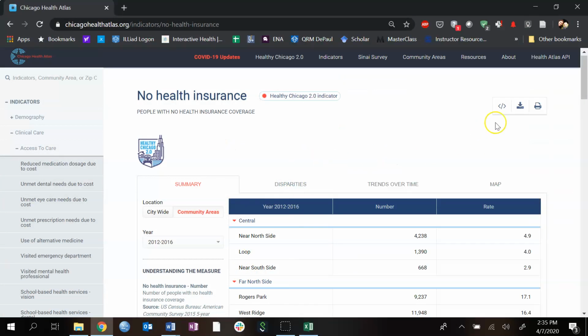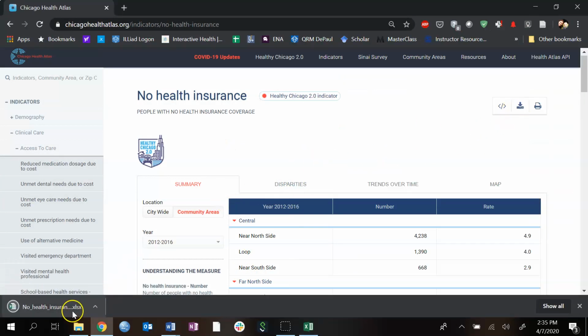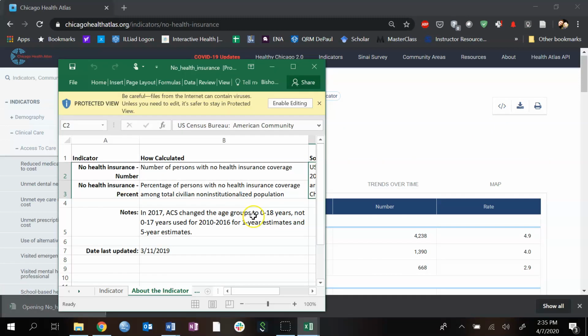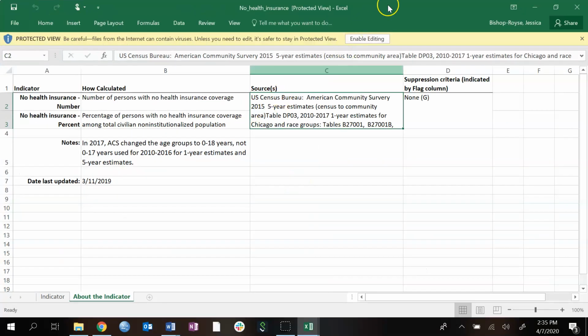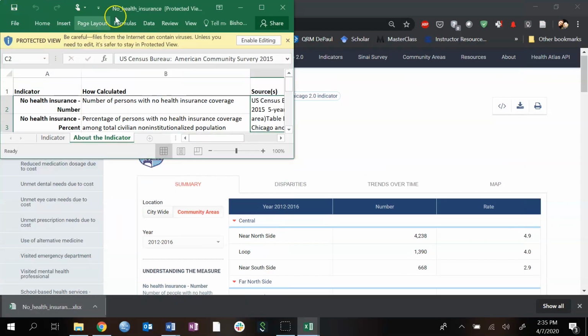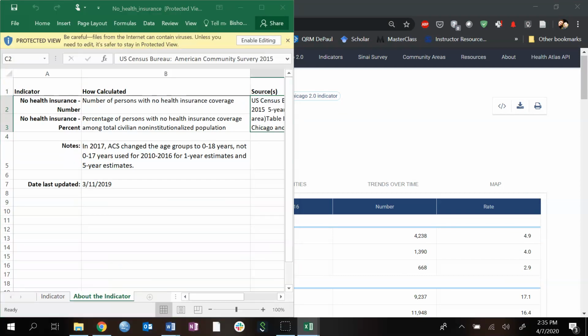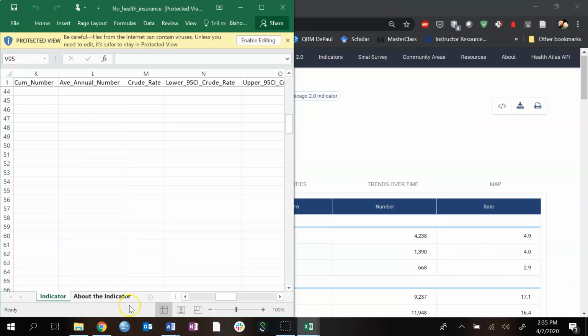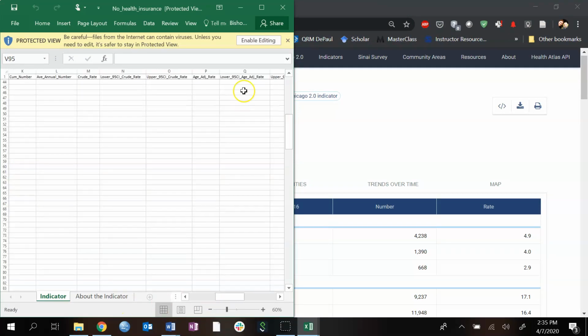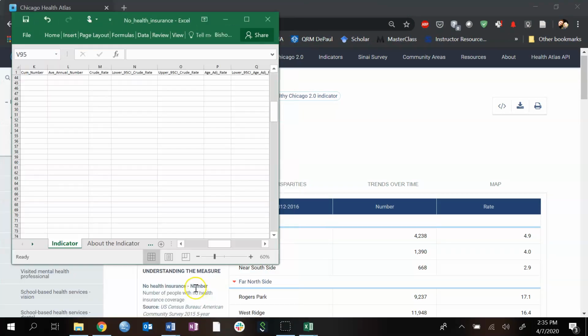So let's not save that. And then this is the no health insurance. So let's get this data. Let's put it over here. Indicator. Okay. So this is no prenatal care, or I'm sorry, no health insurance.